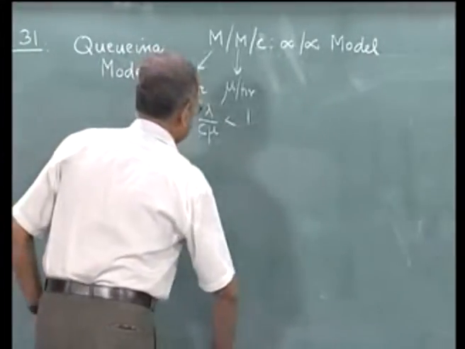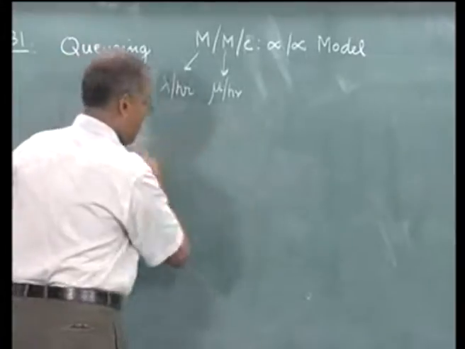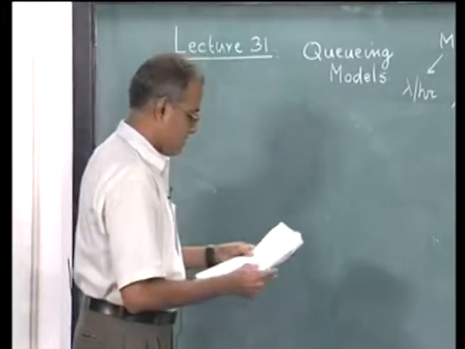Now, let us look at some steady state derivations for this kind of queuing system.